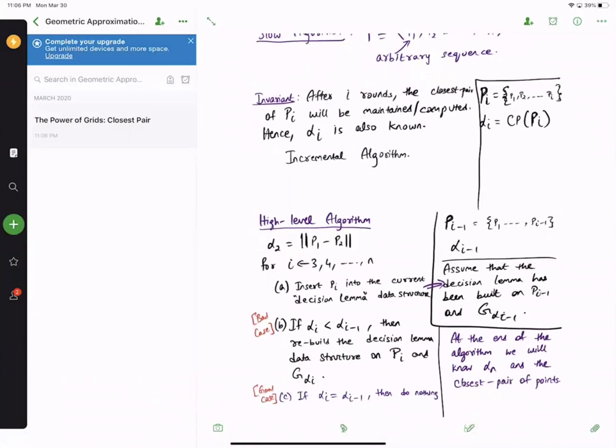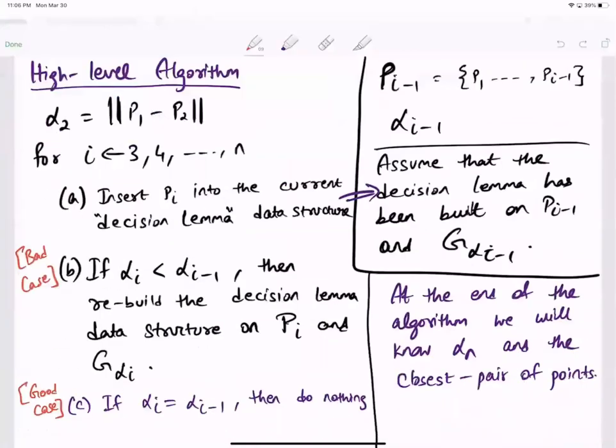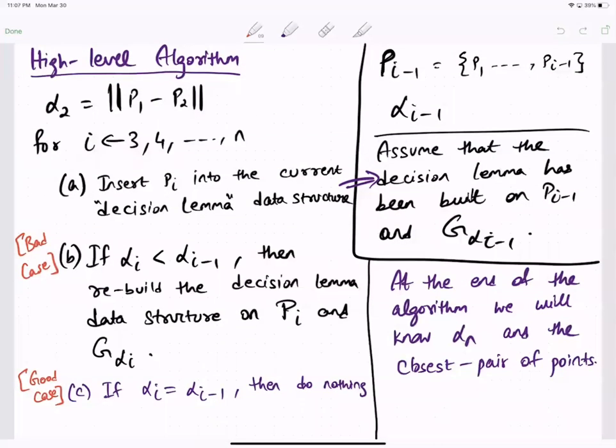So when this case happens, case B, then you can actually find the closest pair. And because you can find the closest pair, you can compute alpha i as well. Right? So let me just write that down.